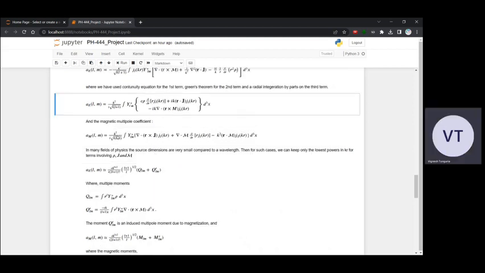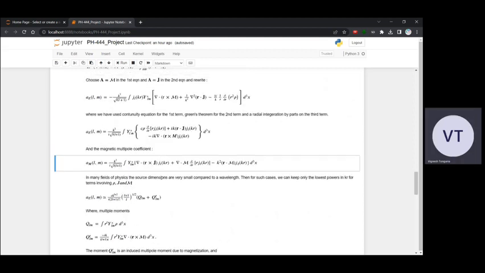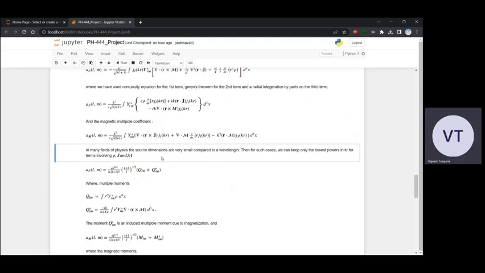So we have simplified the multipole coefficients, and now in real physics, the source dimensions are very small compared to the wavelength. So for such cases, we will use only the small terms for kr.